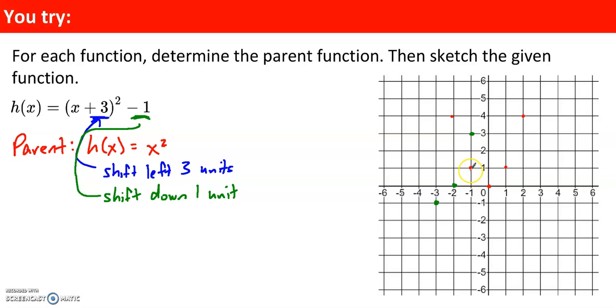The point at negative 1, 1 goes left 2, 3, and down 1 to negative 4, 0. The point at negative 2, 4 goes left 2, 3, and down 1 to negative 5, 3. Not the best graph we are sketching. There we go.